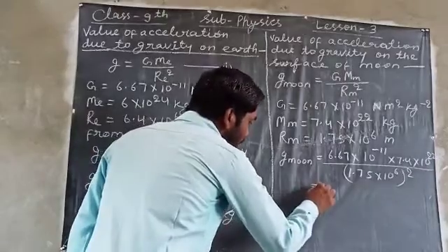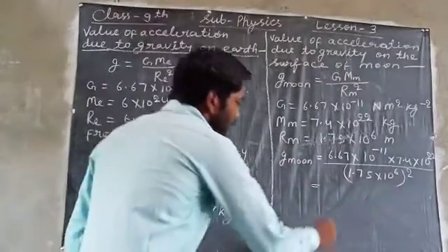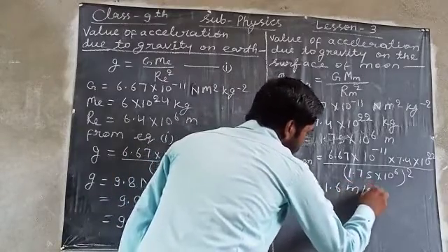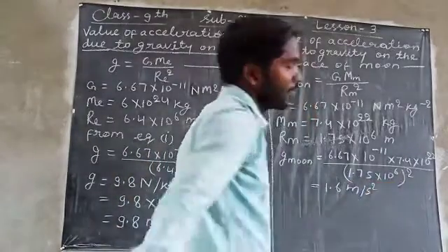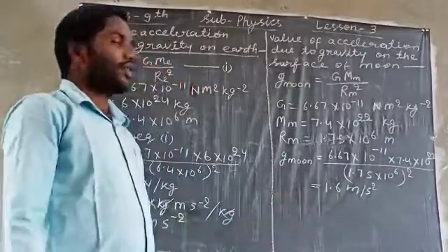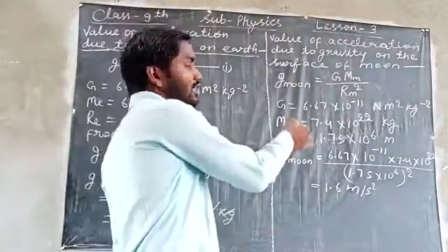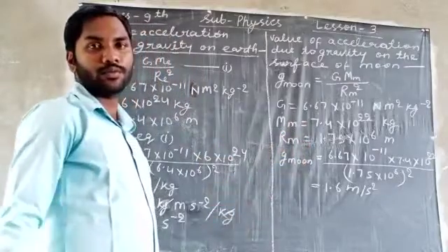After calculation, we get the value 1.6 meter per second square. This is the value of acceleration due to gravity on the surface of the moon.